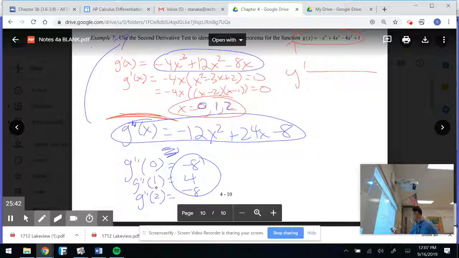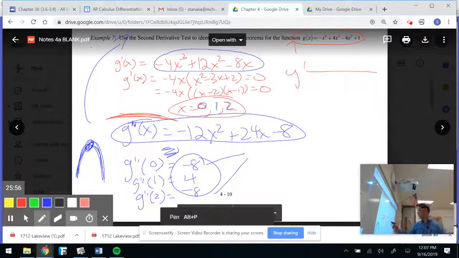For these two negative ones, I had a critical point, but the answer was negative. What the heck would that mean? That would mean it's concave down. If it's concave down and that was a critical point, I think it's always helpful to draw that.